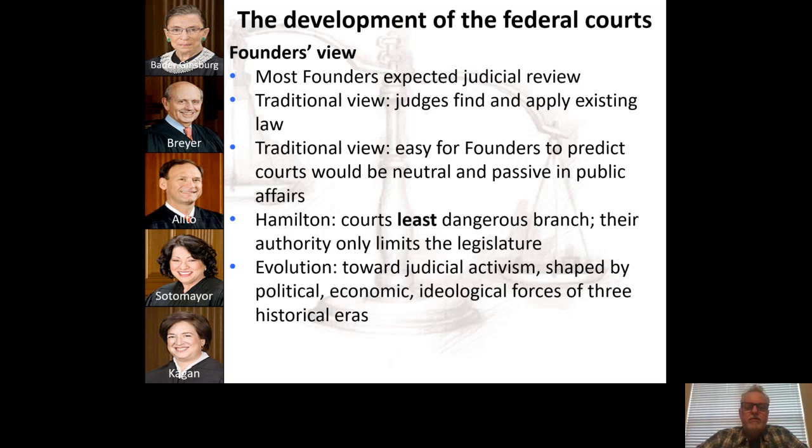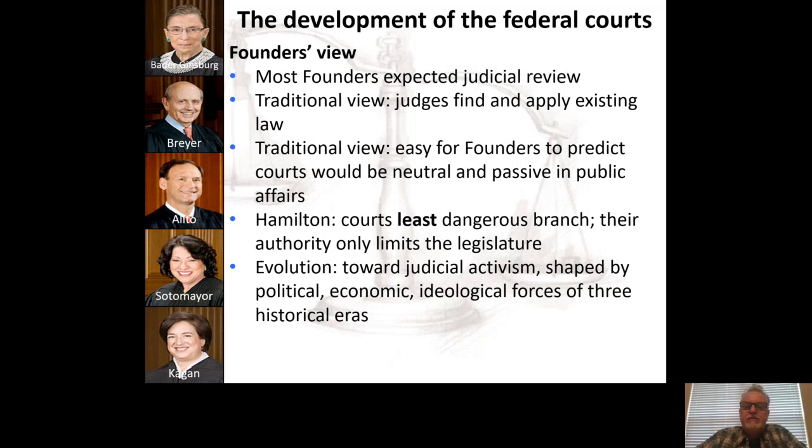So the federal courts, the founders were expecting judicial review. Soon you're going to be reading about Federalist 78, and it's going to discuss some of the ideas that Hamilton had regarding judicial review.